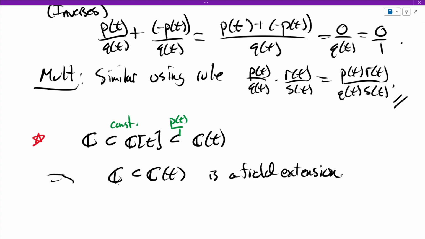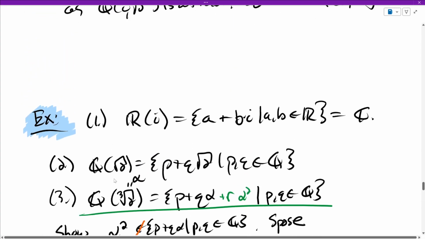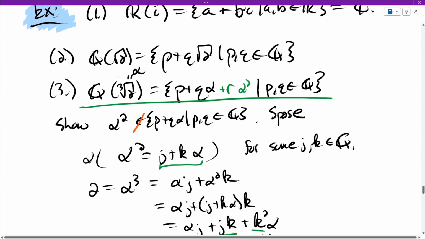As we take C and we add in this indeterminate T, we're going to give this type of extension a name shortly. This is one of the two main types of extensions that we're going to care about. This is called a simple transcendental extension, which is in contrast, let me scroll up here for a second, to these types of extensions here where you add in a solution to a polynomial equation.